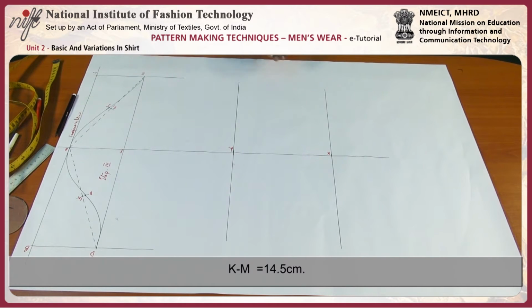K to M, half sleeve opening, is equal to 14.25 centimeter. The formula given in the description can be followed.